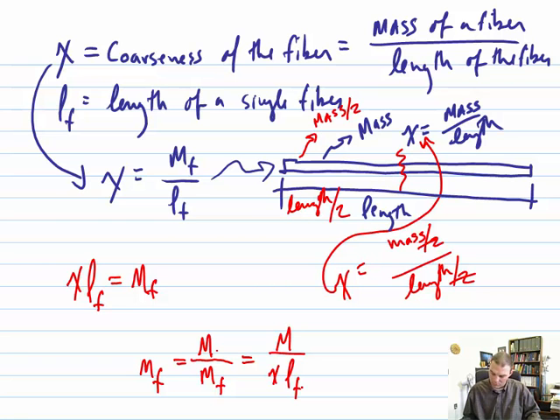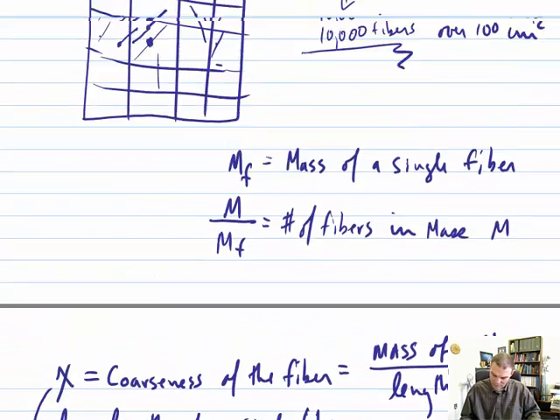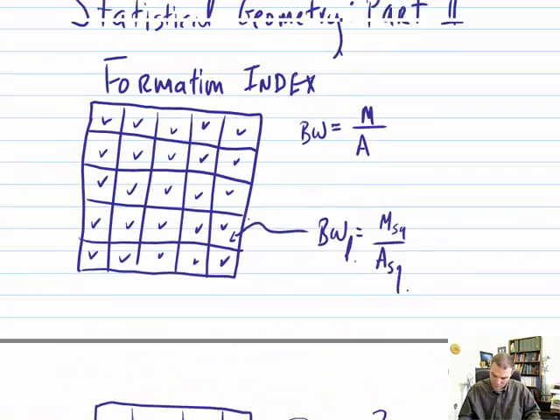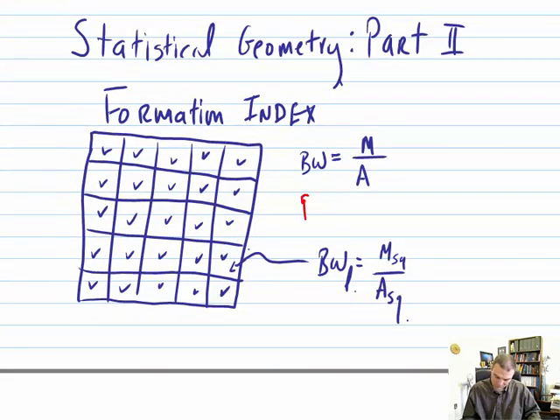Now, if we know for a paper sheet our basis weight, BW, which we talked about up here, basis weight, or mass per unit area of our sheet. This is a pretty common parameter to have for any paper sheet or non-woven.